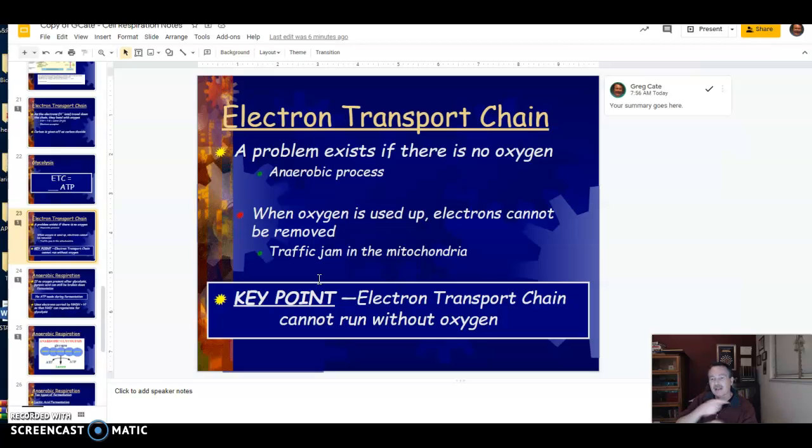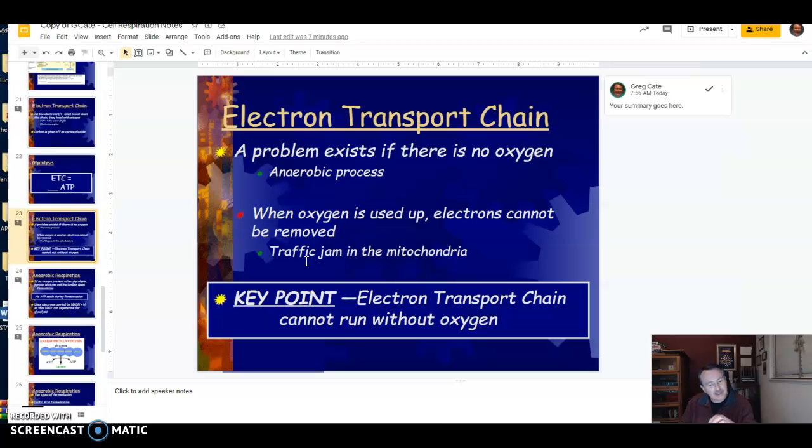And it keeps that glycolysis running really fast. I mean, it super speeds it up. But in doing so, it takes pyruvic acids, which are going to change into lactic acid.